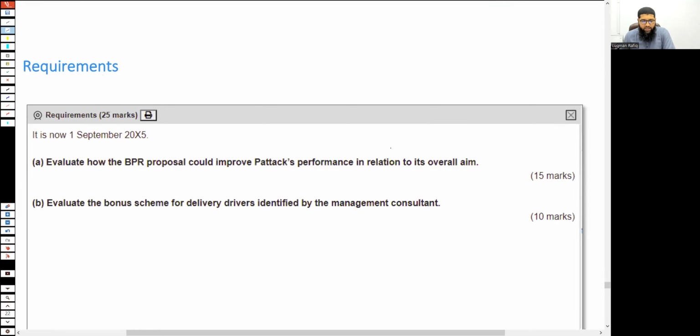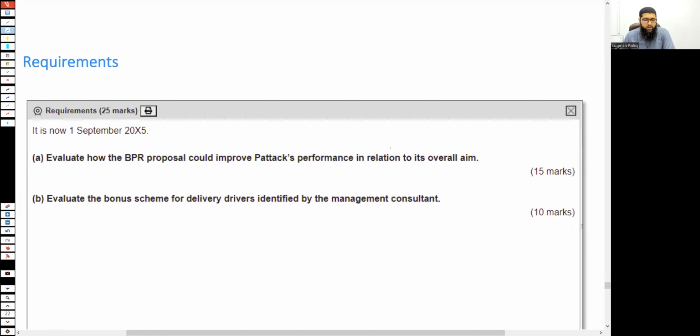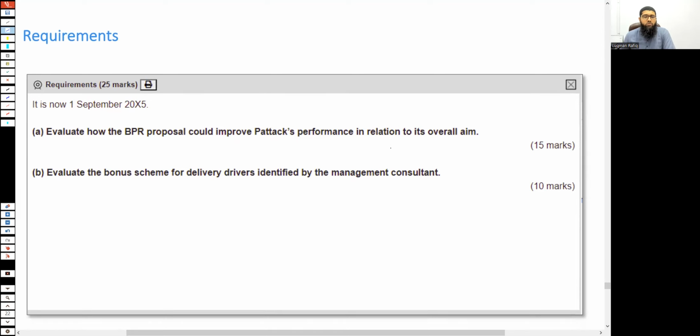Now, what's actually happening? The requirements are: evaluate how the BPR proposal could improve Patek's performance in relation to its overall aim. I don't know if the question has other explanations or not, but it says how the BPR proposal could improve Patek's performance in relation to its overall aim.